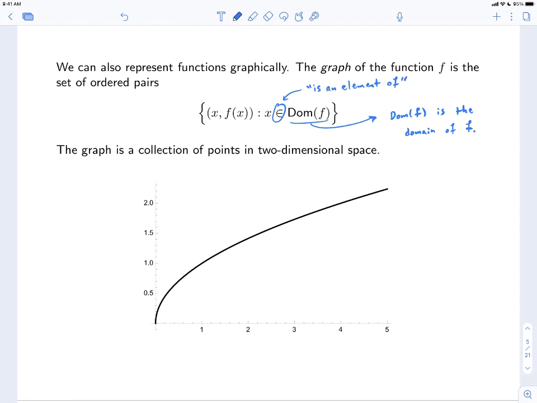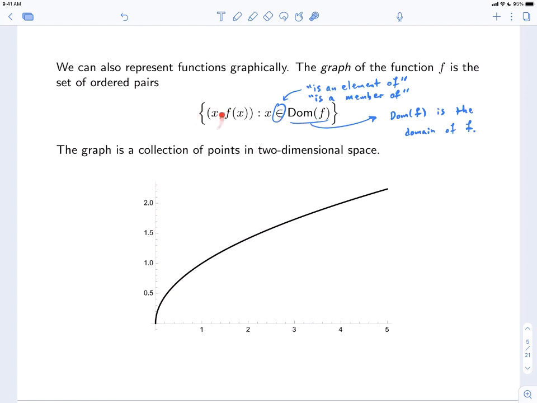You can also read it as is a member of. So x is a member of the domain of f.